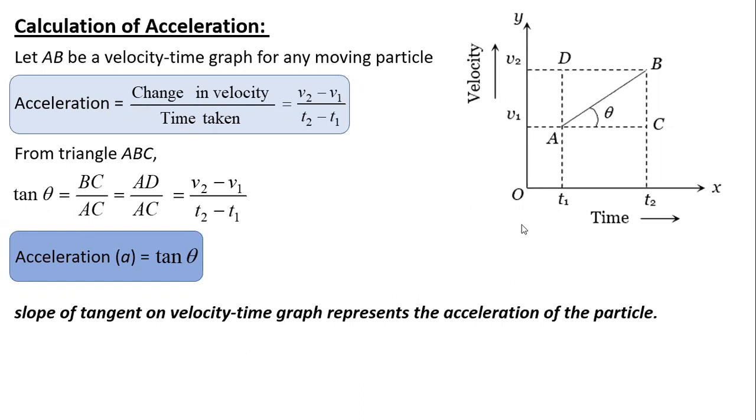But if they ask about the displacement, the area above the x-axis will be taken positive and the area below the x-axis will be taken as negative, because displacement has a direction. Is it clear now? Okay, fine. And the second is acceleration: just calculate the slope, v2 minus v1 by t2 minus t1, or tan theta.